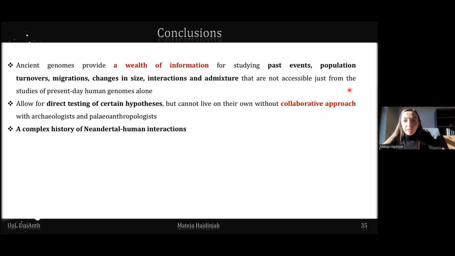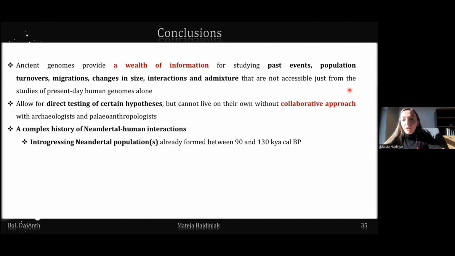Based on the genomes that I showed you today, and more that are underway, there is a complex history of Neanderthal-human interactions, as we are seeing that this introgressing Neanderthal population formed between 90 and 130,000 years ago. There are multiple pulses of Neanderthal admixture that are independent of each other.